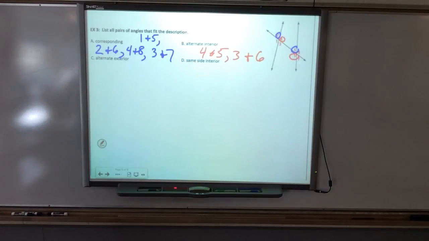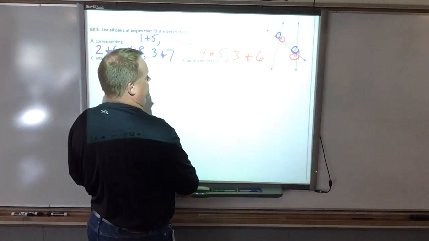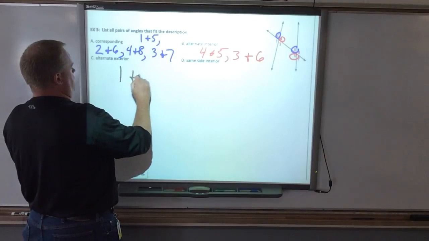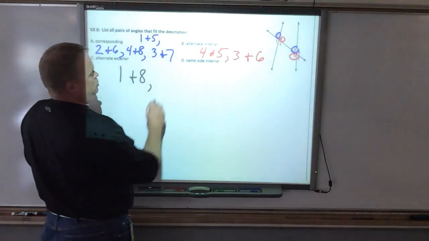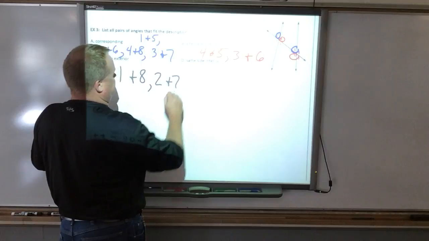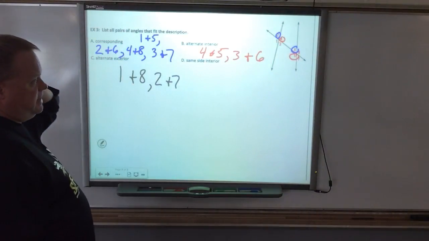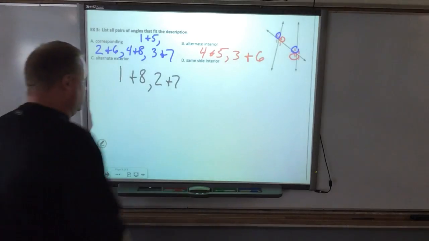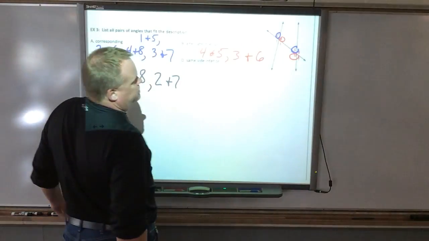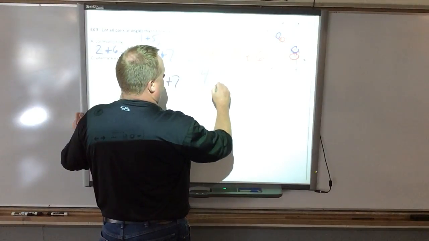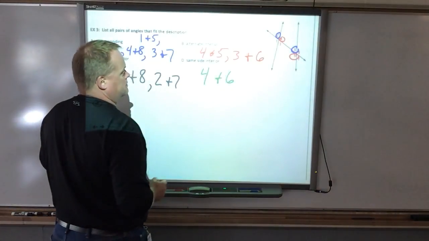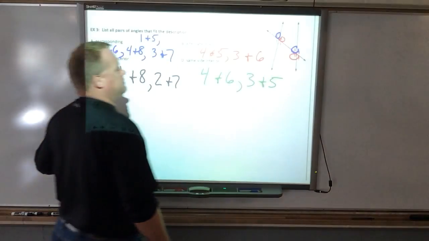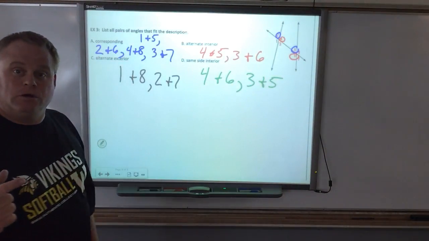Alternate exterior is going to be your 1 and 8, 2 and 7. And last but not least, same side interior: 4 and 6, 3 and 5. Make sure you use your definitions.